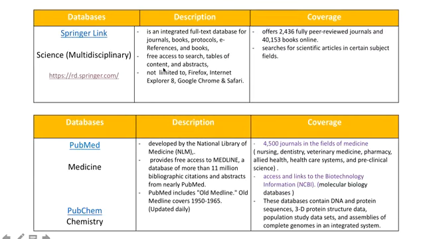The other database is Springer Link, and it's a full text database for journals, books, protocols, references, and sometimes it has free access research. You can access the tables and abstracts even if the paper is not free access.